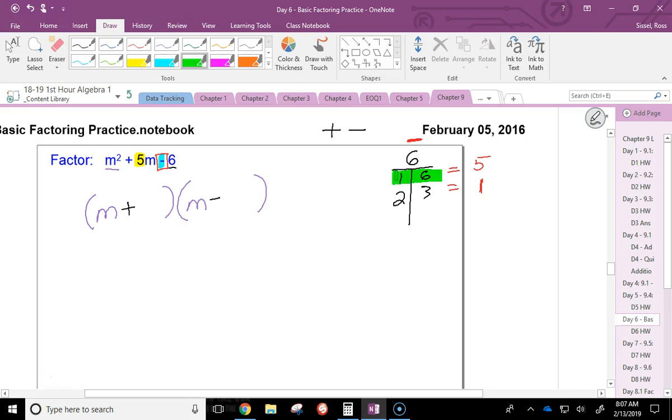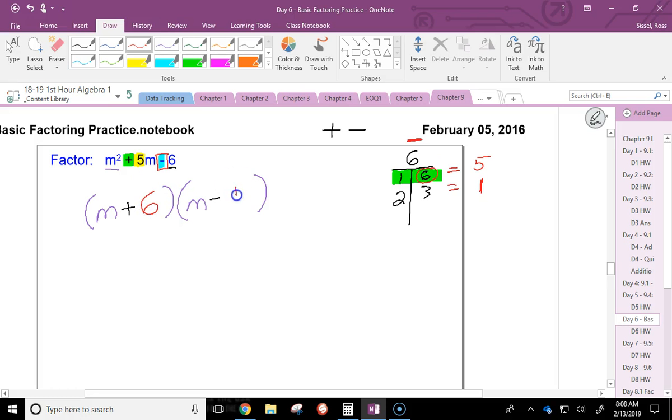Now, my only question is, which one's positive, which one's negative? And that's where I said, if you look back at your B, because B is a positive number, between 1 and 6, your bigger factor should be your positive. So, because 6 is bigger than 1, I will make 6 my positive factor.